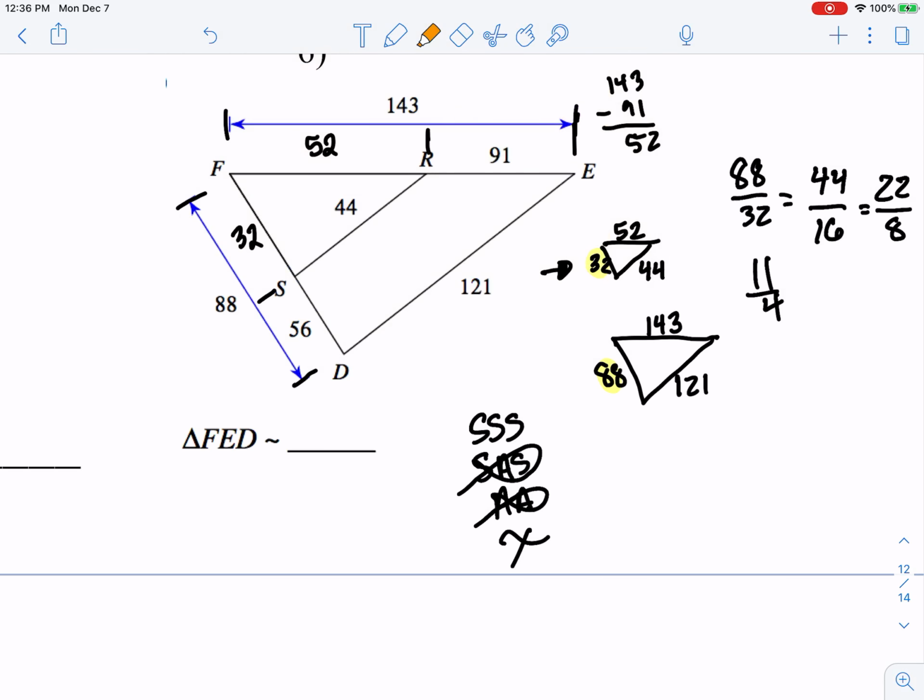Right, then my medium proportion. So 121 and 44. Divide both by 11. It gives me 11 over 4. 11 over 4 and 11 over 4 are the same, so that forces me to do 143 over 52.